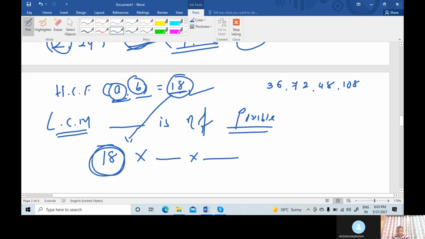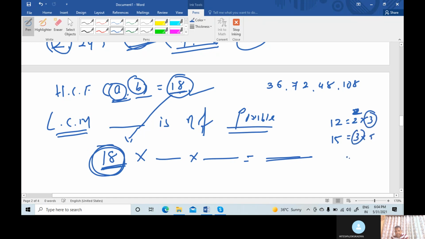So when we write the LCM, speak your table of 18. So the answer is always a multiple of 18. Suppose an example, 12 and 15. 12 is 2 raised to 2 times 3, 4 threes are 12, and 3 fives are 15.